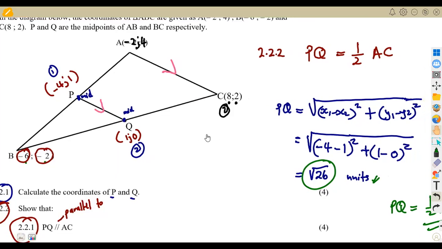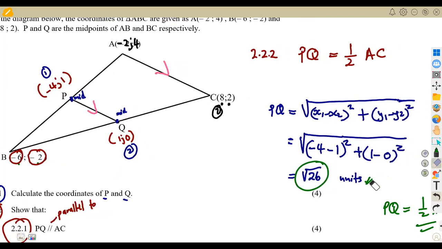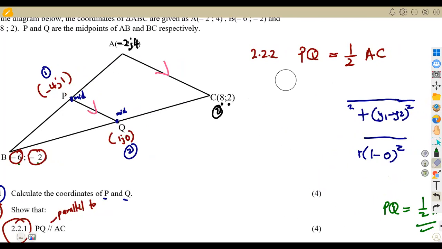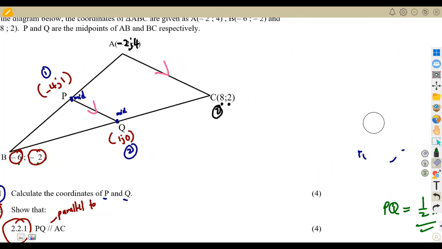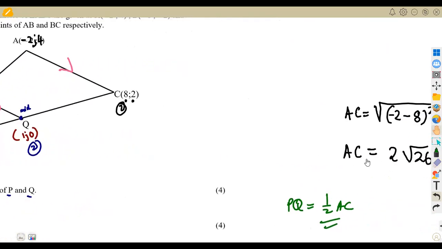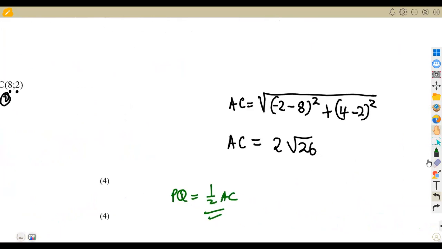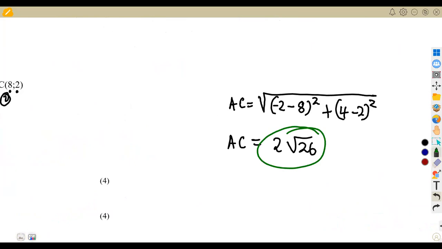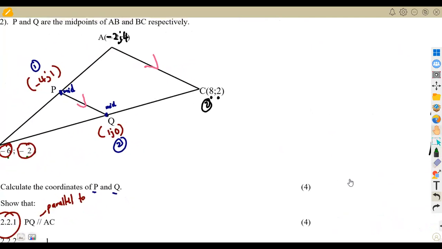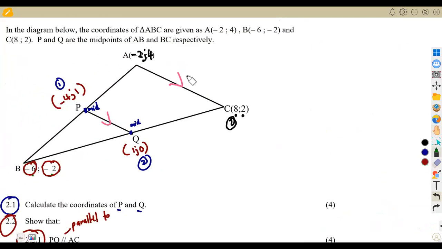And let's see if we have got something that we calculated before. All right, we calculated AC. Remember, perimeter is the distance right around, right? So we calculated, remember here, AC, which is 2 square root of 26. So we have this length of AC here, 2 square root of 26.